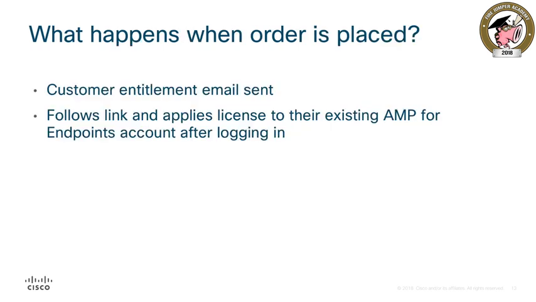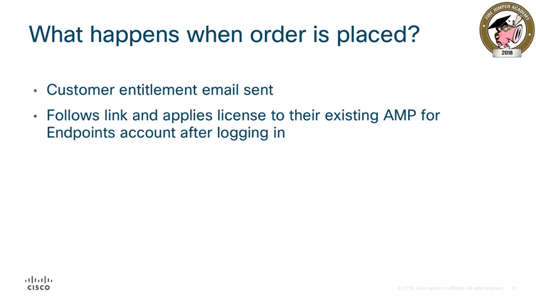After the order is placed, the customer will receive an email from the provisioning backend containing a link. Following the link will allow the end customer to apply the licenses to their existing AMP account after logging in. It's important to note that customers typically already have an AMP console account due to this being a renewal or one was created during the POV process.